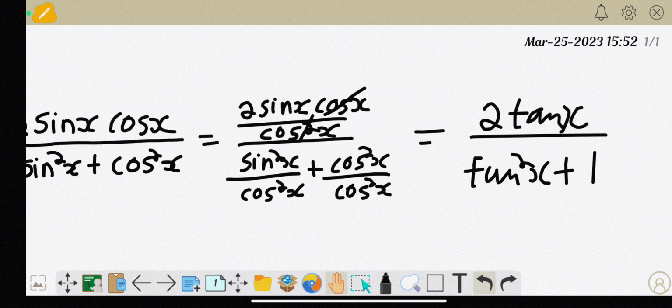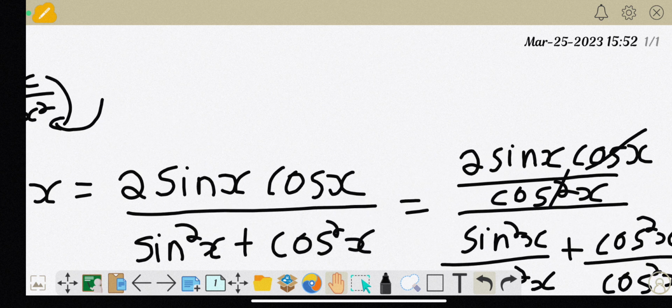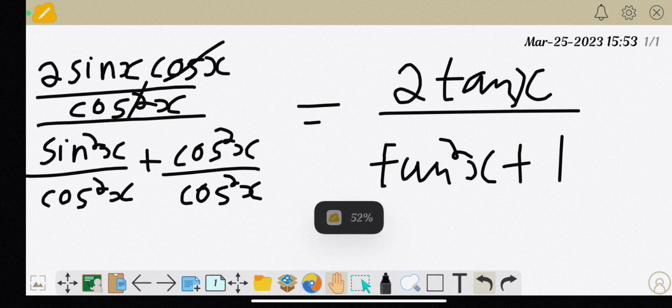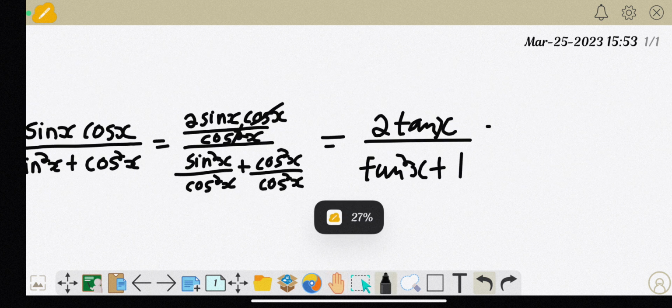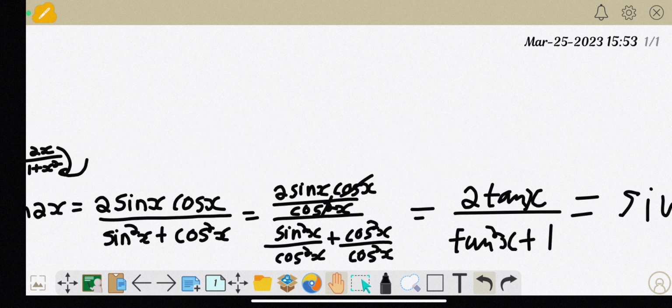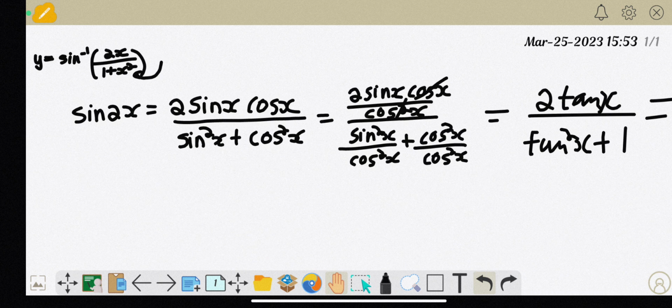So see, whatever term we can see over here, 2x by 1 plus x square, it is identical to this formula, correct? Sin 2x formula. So this is the sin 2x formula in terms of tan, correct. So whatever x is there, it is identical to this formula, sin 2x. So our strategy is, we are going to simplify this.